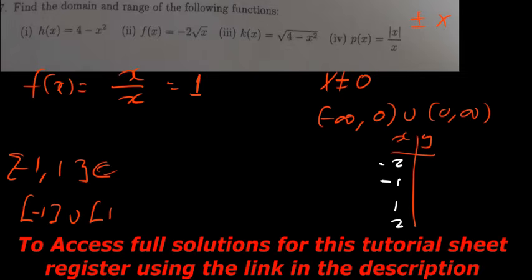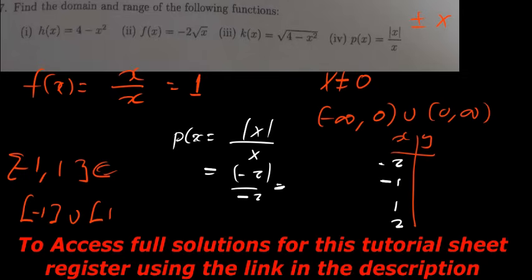I'll just use this. If I put p of x equal to the modulus of x divided by x, if I put negative 2 here, the modulus of negative 2 is positive 2. 2 divided by negative 2 is going to be negative 1.